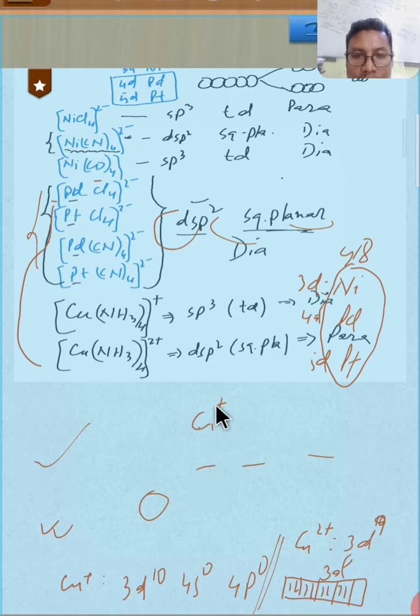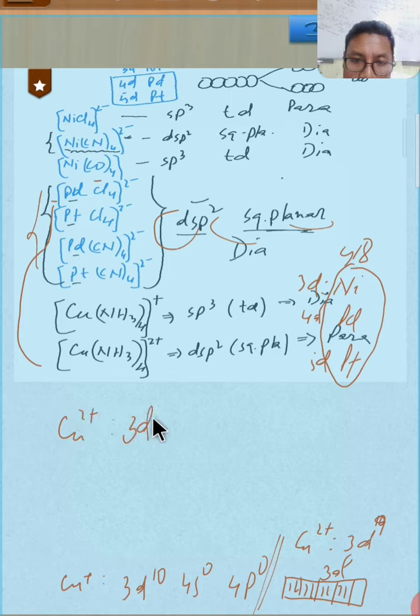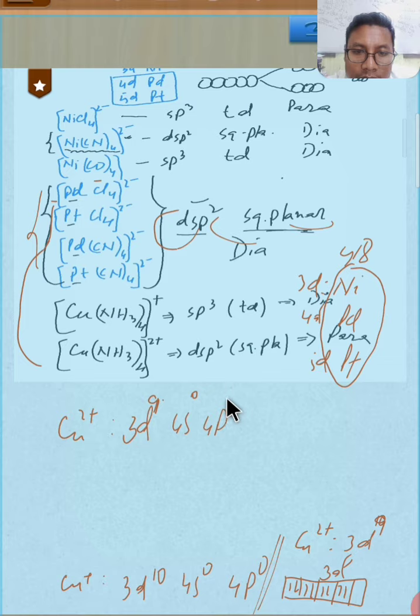Let me write here Cu2+. Its electronic configuration is 3d9, not 10, okay. So 4s will be empty, and 4p will be empty.